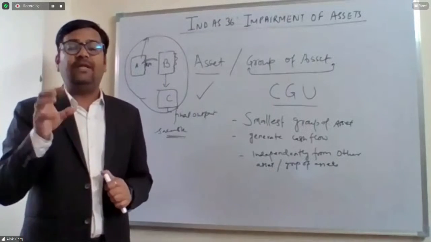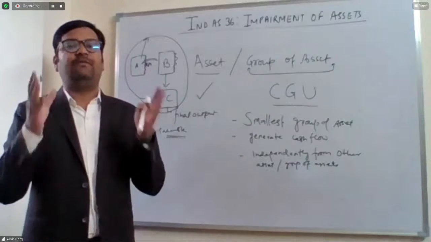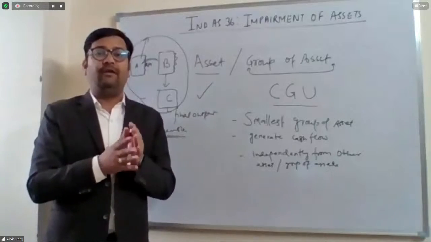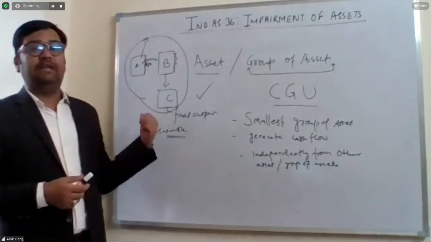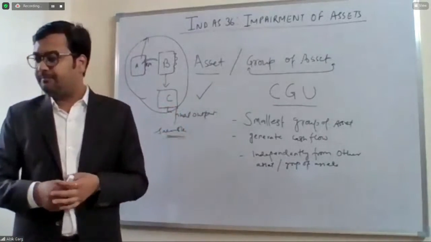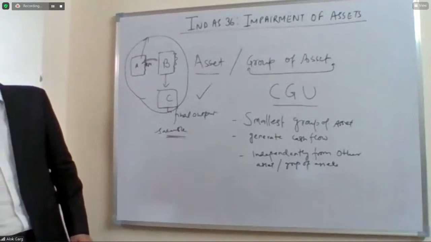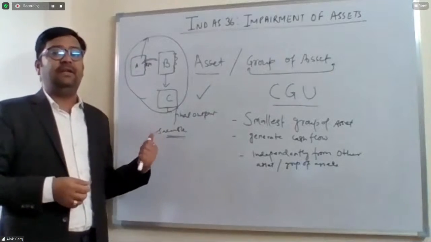And that group of asset will be the smallest group of asset which can generate cash flow, and on which the value in use can be computed. So yes, in this case, this is a cash generating unit.